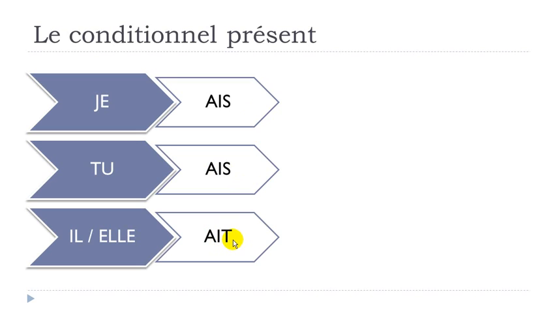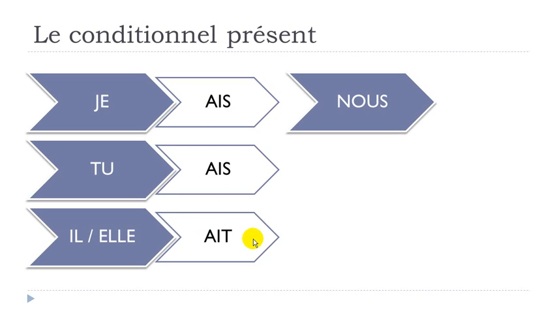The good news is that even if we write them differently, like you see here, we pronounce them the same way. And it goes like e, e, e. All right? So as usual in French, what you pronounce, well, it's not that difficult in a way, but then remember how to write them. AIS for je, AIS for tu, AIT for il, elle.